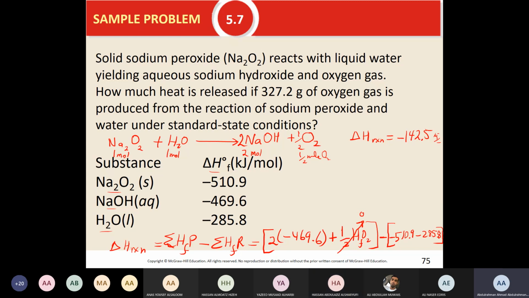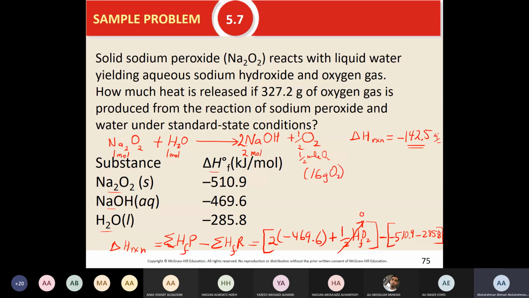And this is the heat that goes with it. Half mole of O2 is how many grams? 16. What's 1 mole of oxygen in grams? 32. So yes, half mole of oxygen is 16 grams.